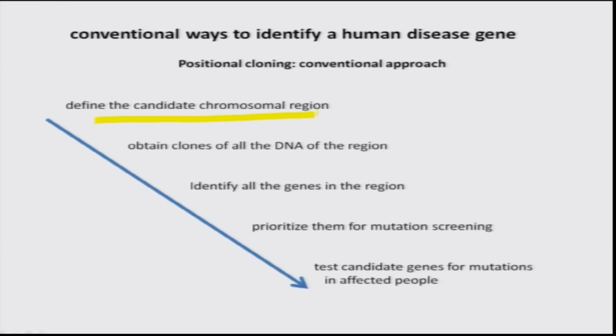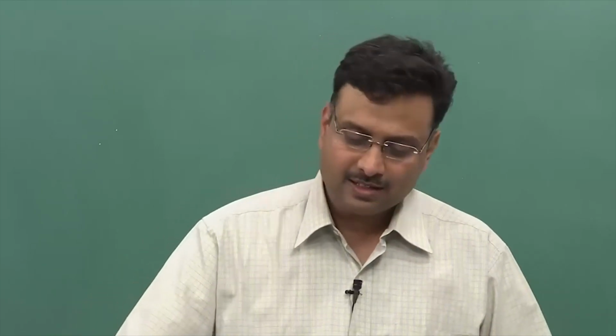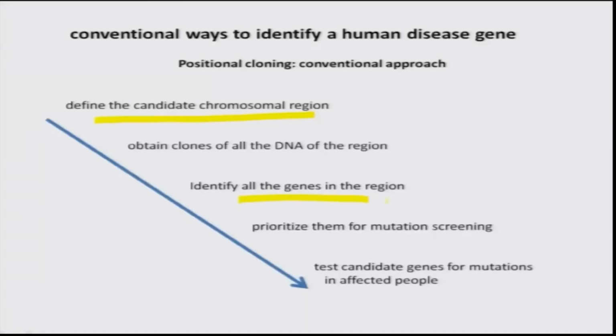Once you identify it, then you have to get DNA fragments representing that region of the chromosome. You go to the genomic DNA library and identify all the fragments that represent the region. Next you look into genes located in that region where you thought the defective gene could be present.